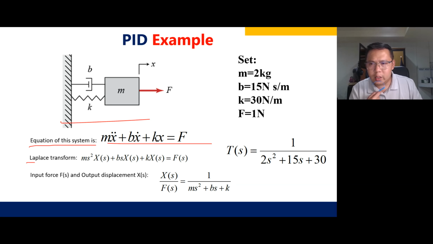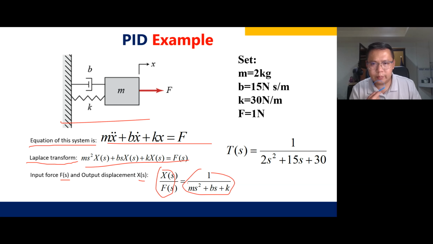The Laplace transform is this, and the relation between F(s) and X(s) is equal to 1 over m s to the second power plus b s plus k.